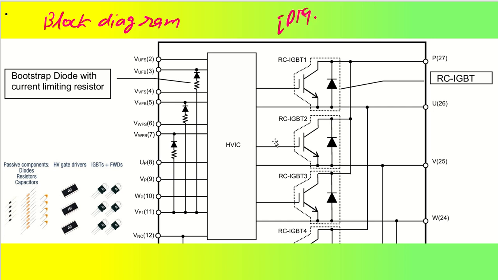In this particular block diagram, we have the high side gate driver. Each terminal of the high side gate driver is going to drive the gate of the high side IGBTs.